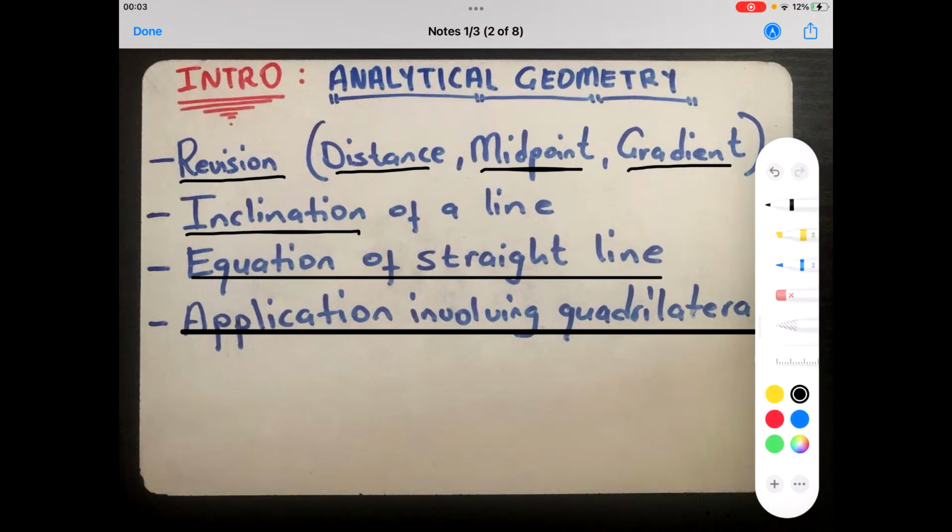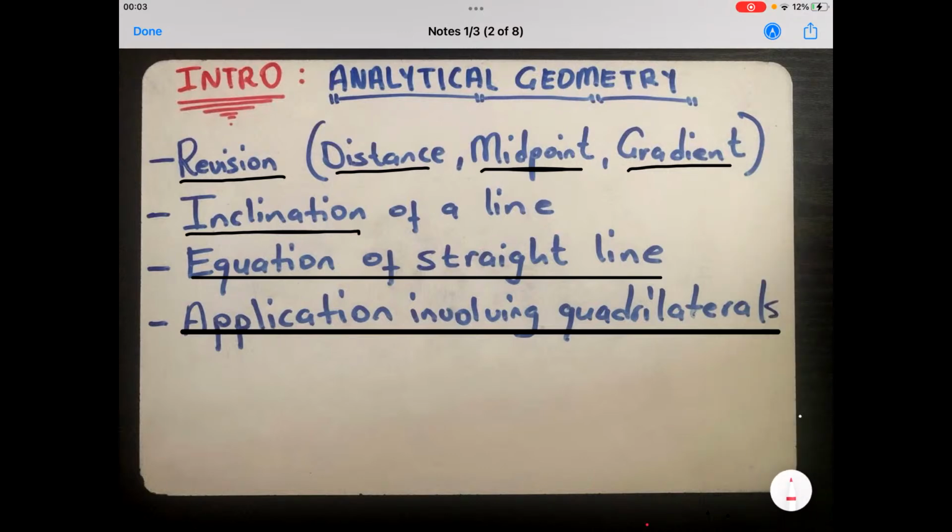Very quickly, let's discuss the distance formula. We do know very well that the examiner says either the length or the distance. Mathematically, it refers to one and the same thing.